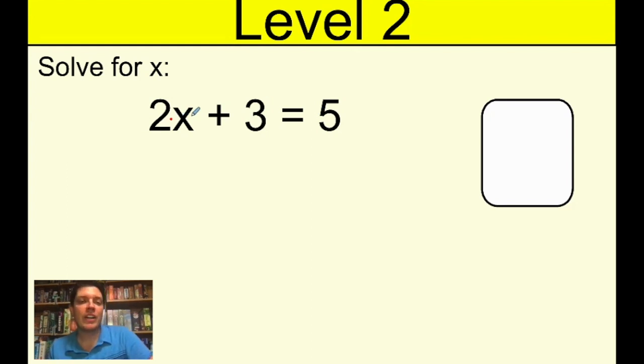So if you're the letter x, your parents are asking you, hey, while we're gone, will you multiply by 2 and add 3? And the reason I call it a chore chart is because to solve an equation, we're going to have to do the opposite operations backwards.